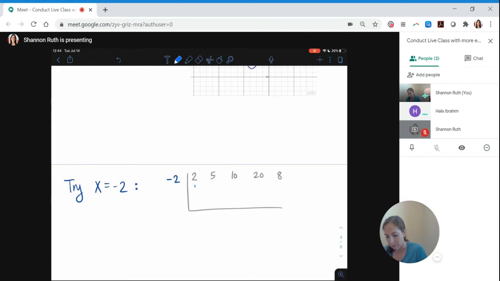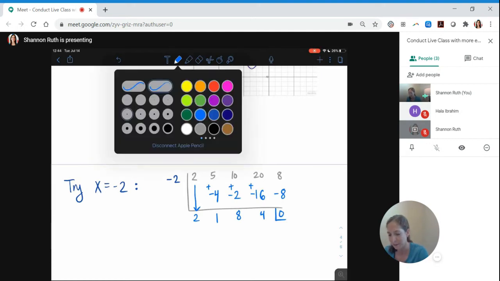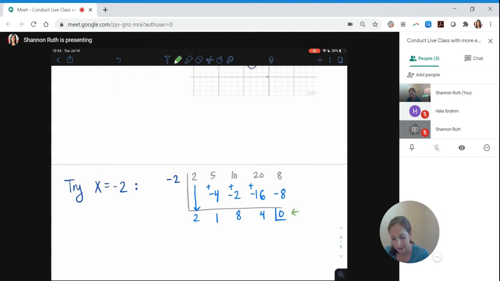So I'll just walk through dropping, multiplying, adding, multiplying, adding, multiplying, adding, multiplying, and hooray, we get the remainder of 0, which we wanted to happen, so that's good. So that means x equals -2 is a 0.